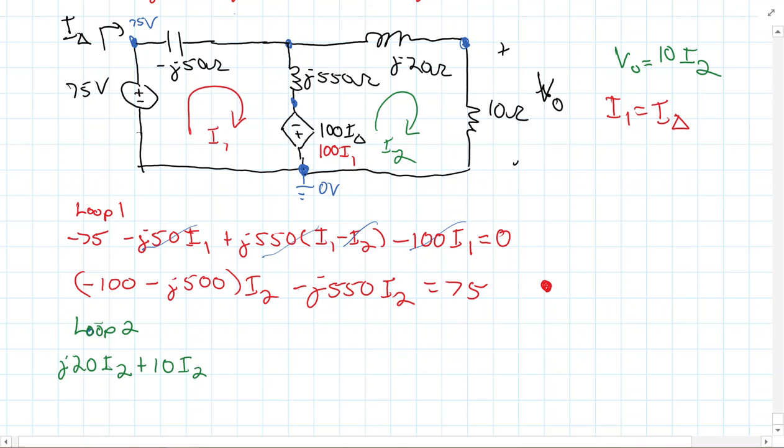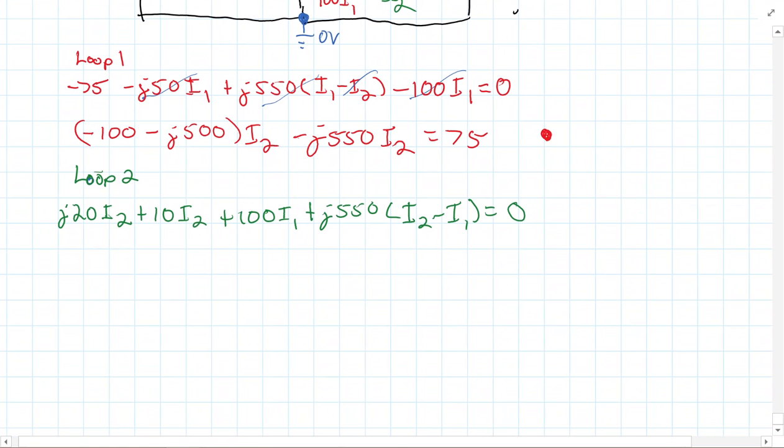Now I'm going into the positive side, so that would be plus 100 I1 plus j550 times I2 minus I1 is equal to 0. Alright, and then let's combine like terms again and see what we get.